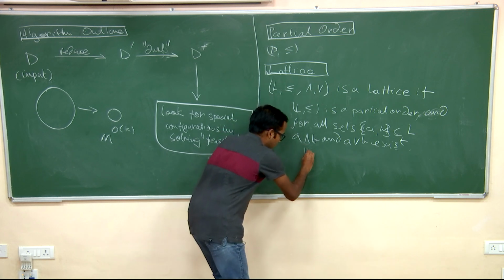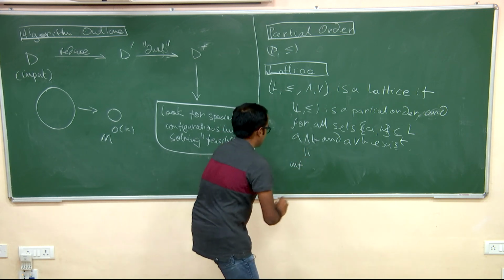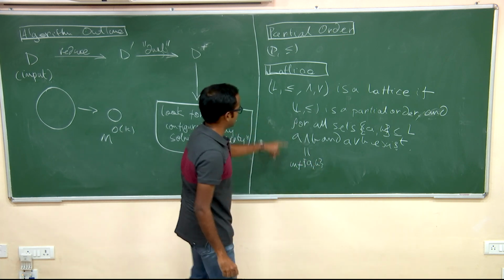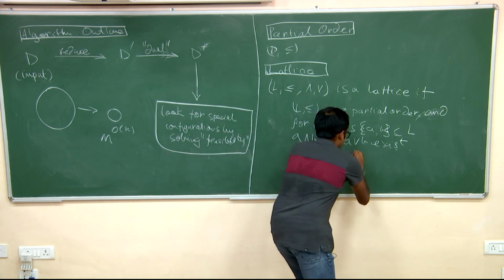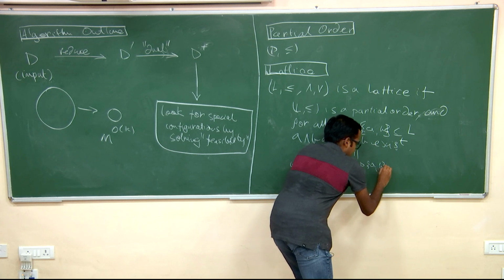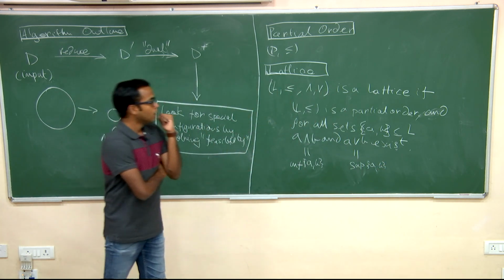This is equal to the infimum of A and B with respect to this partial order, and this is equal to the supremum of A and B with respect to this partial order.